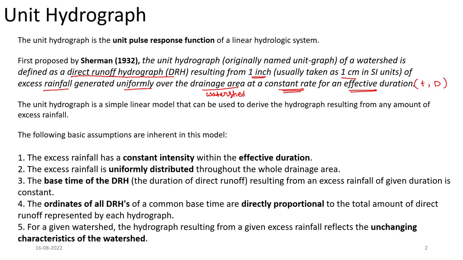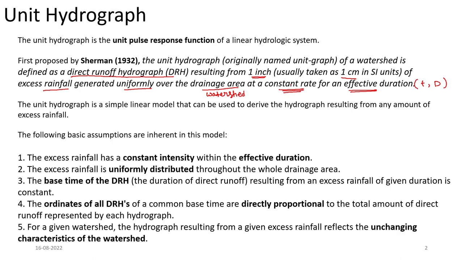Similarly, we assumed the precipitation intensity is a constant rate, but in a practical case the intensity varies with time. Now the intensity may be 10 centimeter per hour, after 1 hour it may decrease, after 15 minutes it may increase. So we made many assumptions to form this particular unit hydrograph.